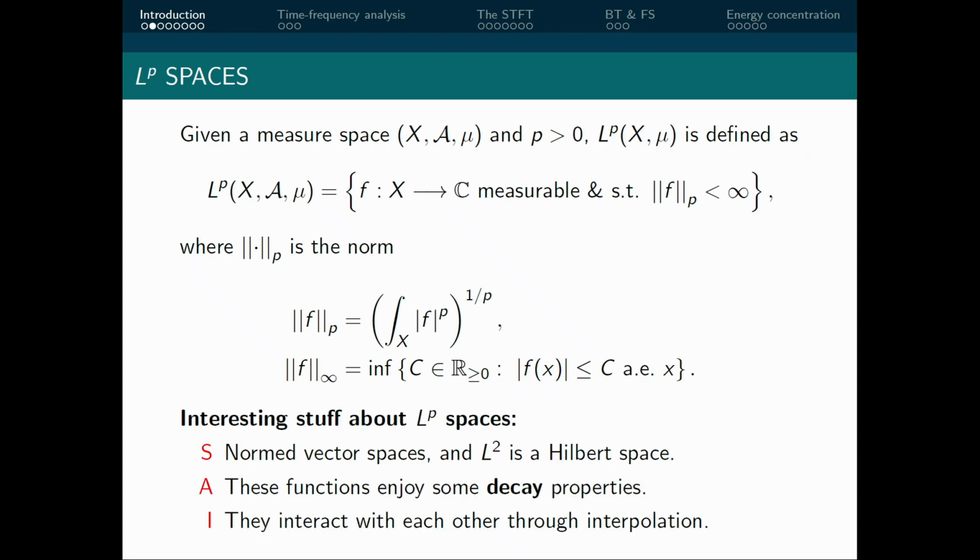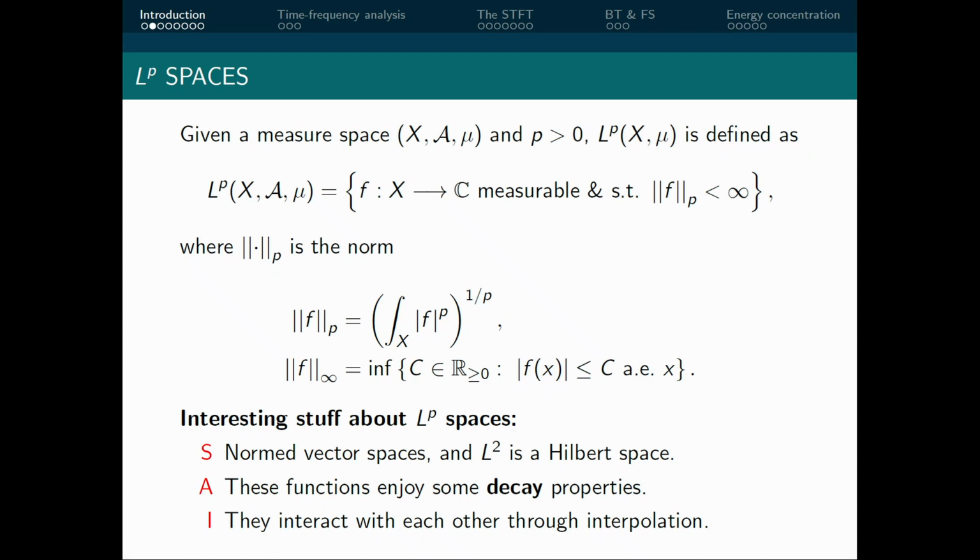They're normed vector spaces, meaning they're vector spaces and you can measure length. L2 is a Hilbert space, so you have an inner product, and you can multiply functions with a non-pointwise product. And in R^d these functions decay somewhat nicely, because otherwise they would integrate to an infinite amount.